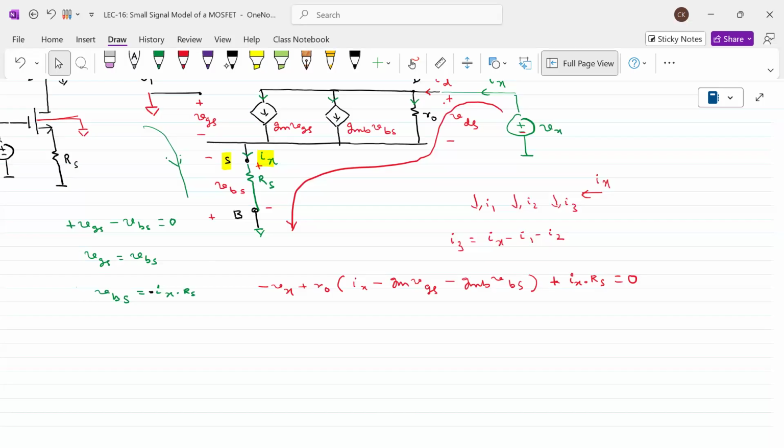Okay. Go ahead and tell me what the value of this particular one is. Quickly.